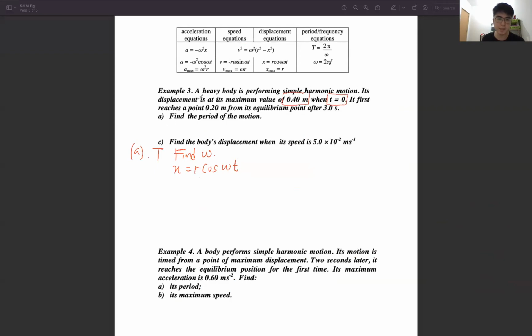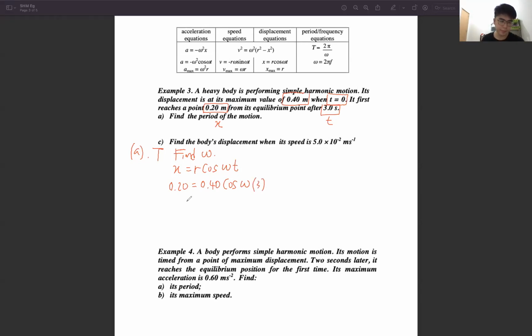It says that its displacement is at its maximum value of 0.40 when t equals 0, and it first reaches a point 0.20 from its equilibrium point. This is the x after 3 seconds, t. So we put 0.20 equals 0.40 cos of omega times 3 seconds.